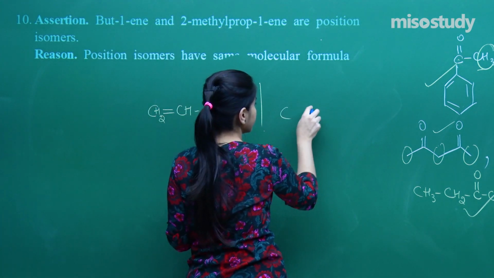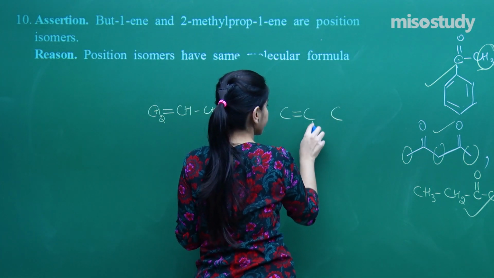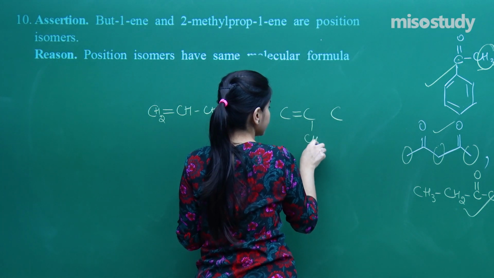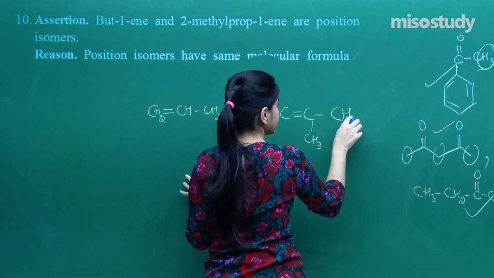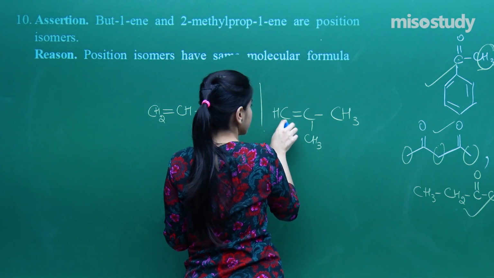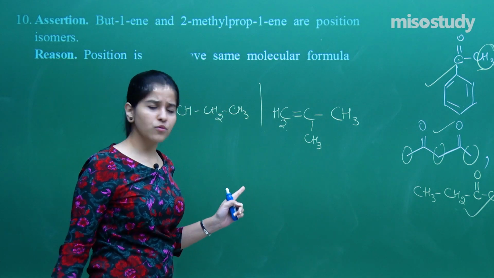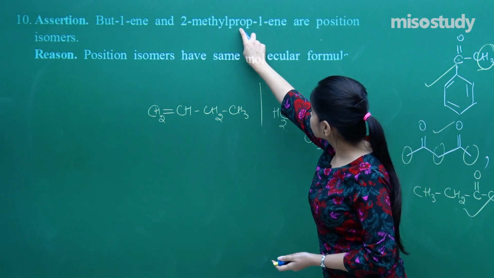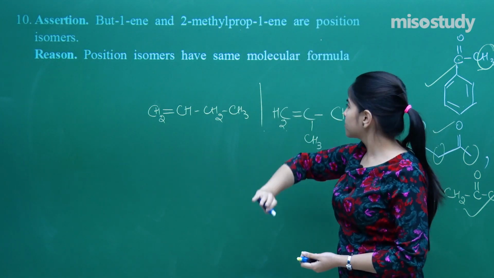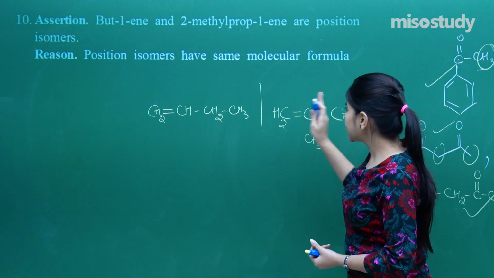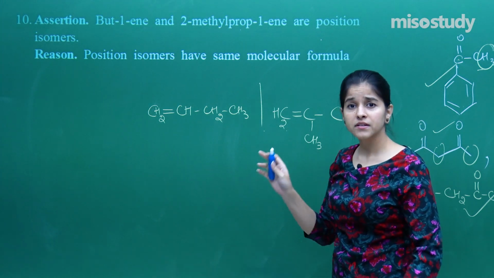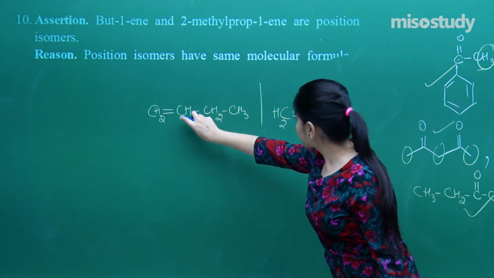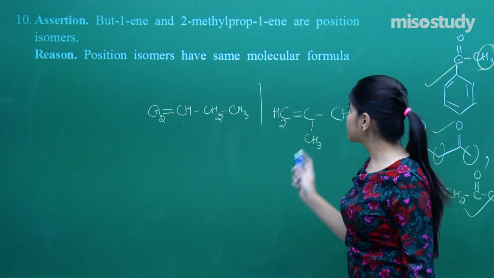And 2-methylprop-1-ene. So that is what we need. Now, they are saying that these are position isomers. So can you see any kind of position isomerism over here? Definitely yes. The double bond position has now been shifted.